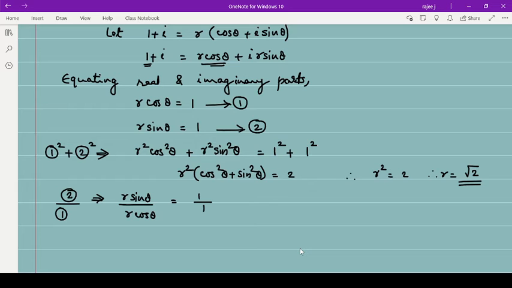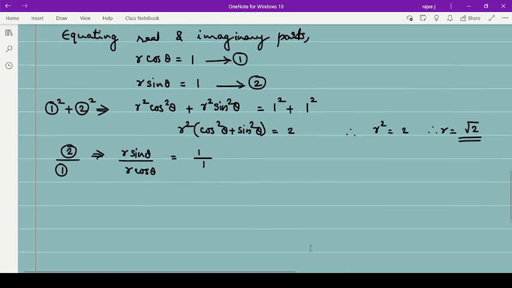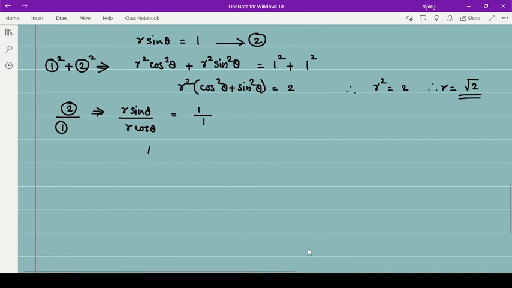Therefore r sin theta by r cos theta is tan theta. So tan theta equals 1, therefore theta is tan inverse 1, the value of theta for which tan is 1. So it will be pi by 4, tan 45 is 1. So we got theta also.